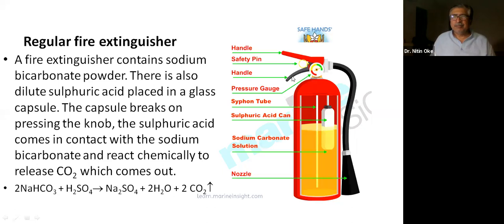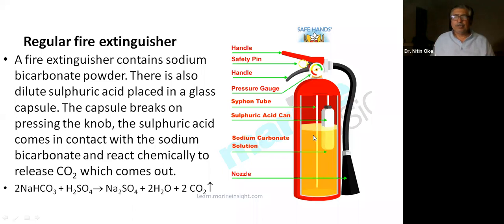Whenever I remove this, I will be able to press the handle. Whenever I press the handle, it is connected with this piston, and the piston will break this glass tube which contains sulfuric acid. It is a can of sulfuric acid, it breaks and the sulfuric acid comes out.